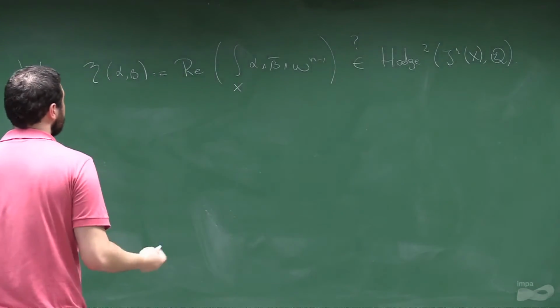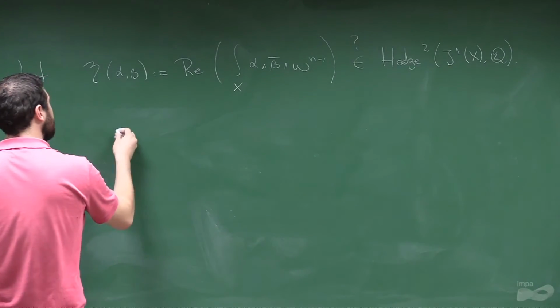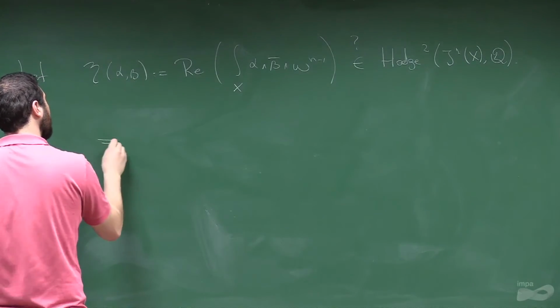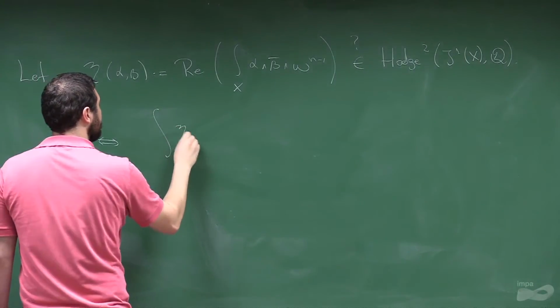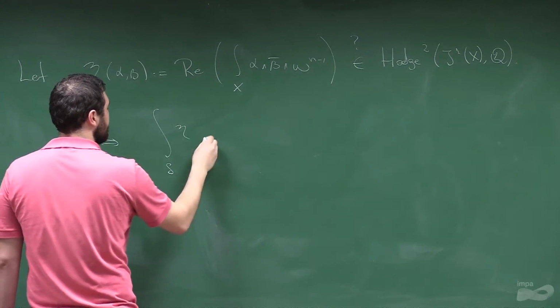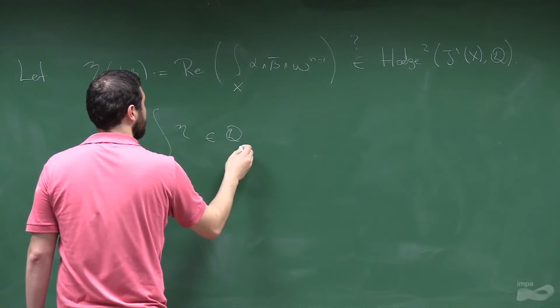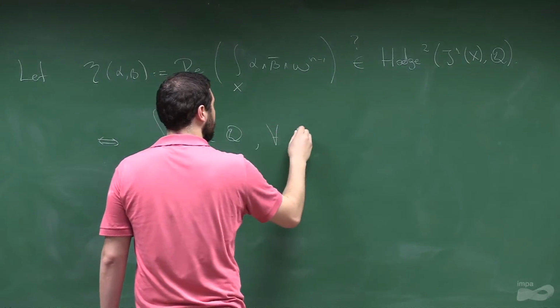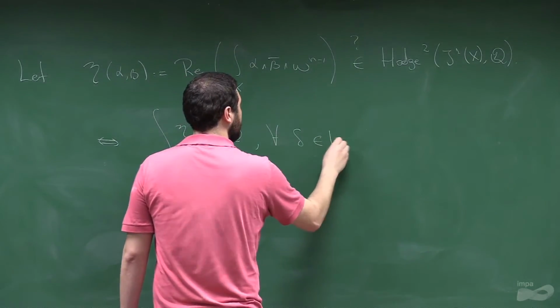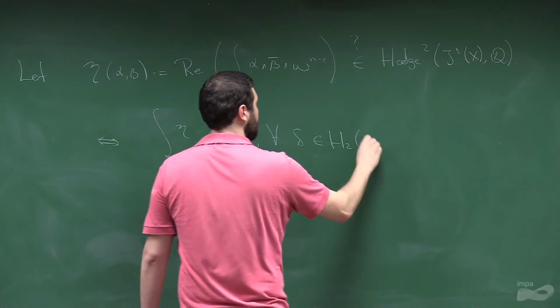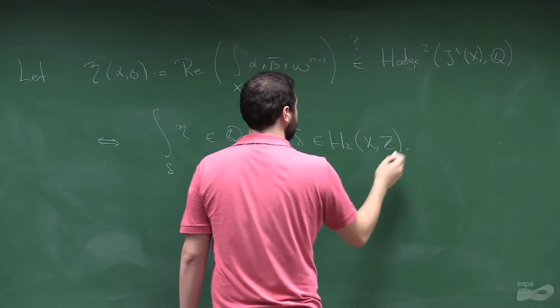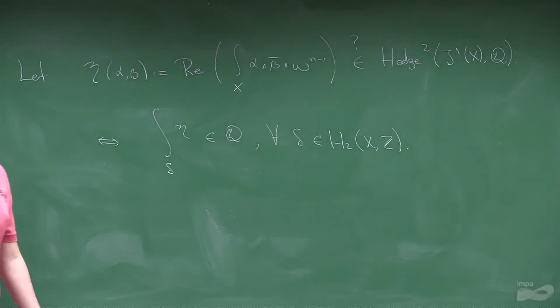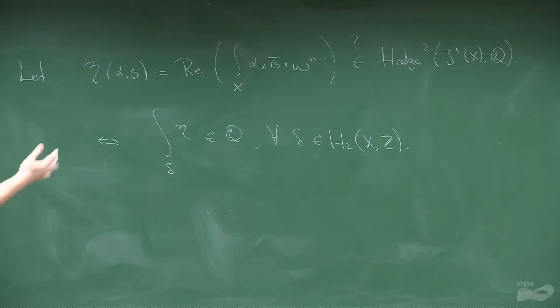And how do we check that? To check that is the same as proving that the integral of eta over any delta belongs to Q for every delta in H_2 of X with integer coefficients, right? This is enough in order to prove that this is a rational class, right? That's the definition.